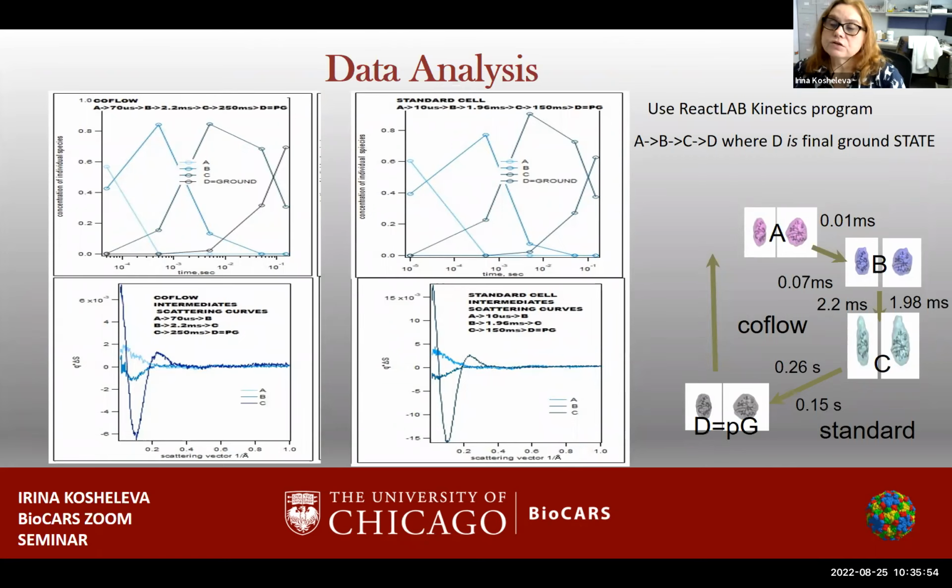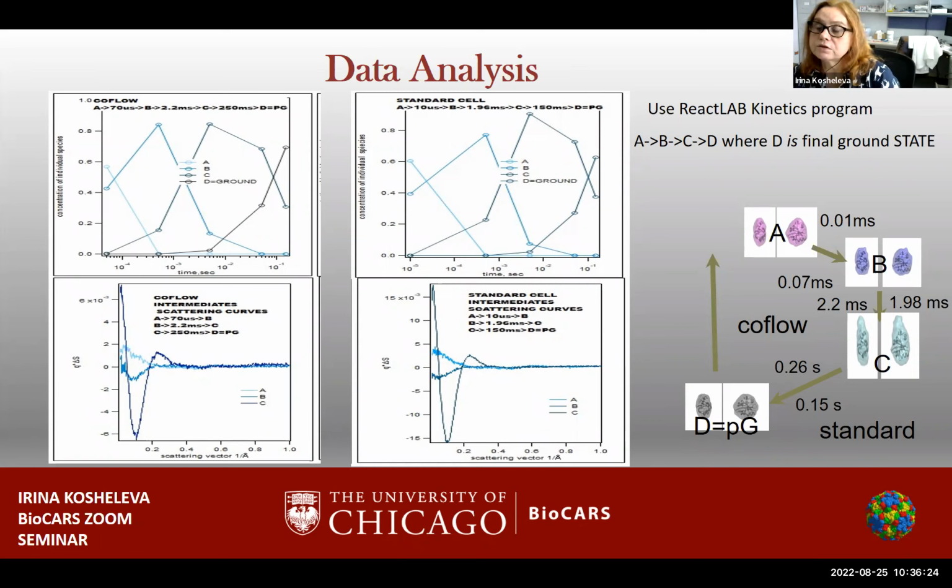Data analysis is actually very brief, because there is not enough data to do any particular data analysis. I used the RegLab kinetic program, which is available at BioCARS, to extract intermediates. I used the serial model A to B to C to D. SVD analysis showed 3 components, and that's how I modeled the data.